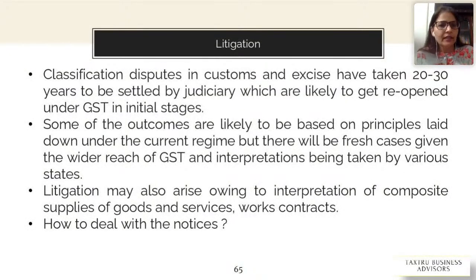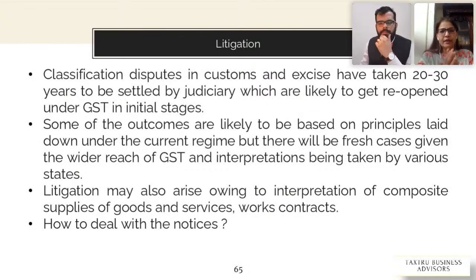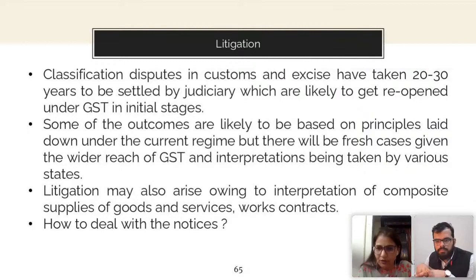I'll request Navjot also to kindly come on screen, because this is one aspect which is really affecting many assessees nowadays, and we are flooded with notices and communications from the department with respect to classification.